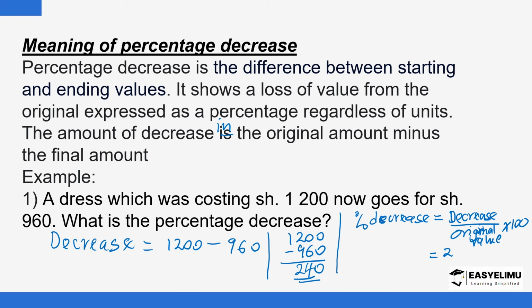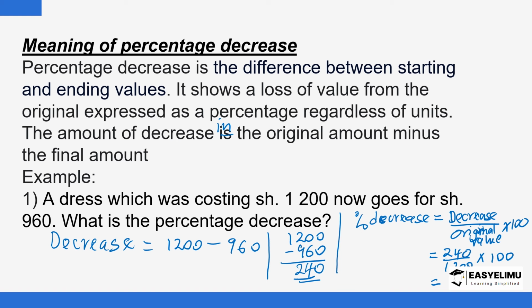Our decrease in this case is 240. We divide by the original value, which is 1,200, and the result is multiplied by 100. Remember, we also talked about how we convert fractions to percentages by simply multiplying the fraction by 100.